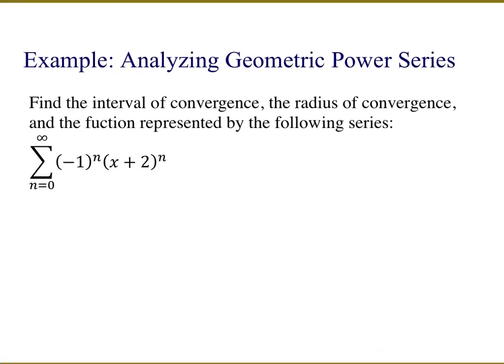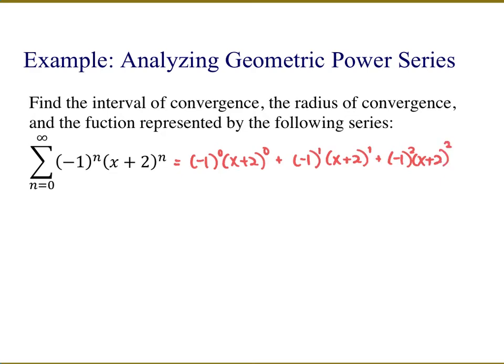So find everything related to this power series: the interval of convergence, the radius of convergence, and the function represented by the sum of the following series. All right, well, what would the r be as I'm multiplying all of this out? If I start with 0 here, I'll have negative 1 to the 0 and x plus 2 to the 0, plus negative 1 to the first, x plus 2 to the first, negative 1 to the second, x plus 2 to the second.